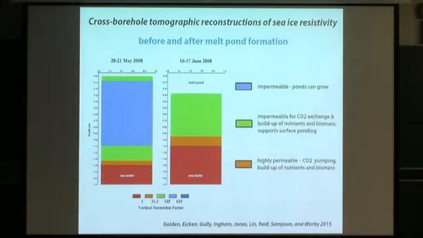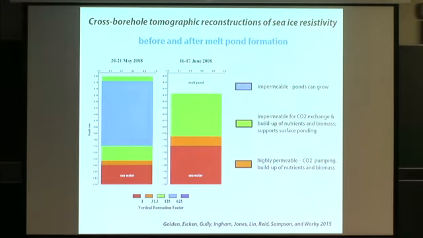And then we can take these results and apply this to so-called cross-borehole tomography, led by my New Zealand colleague Malcolm Ingham, where you freeze in vertical electrode strings, and then you're essentially reconstructing the complex permittivity structure in the box inside.